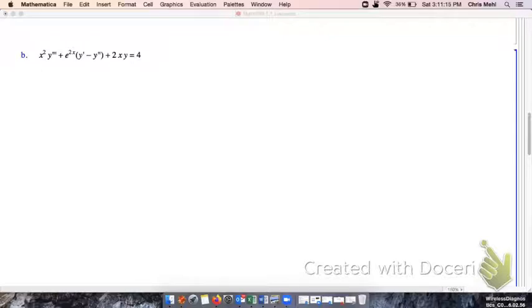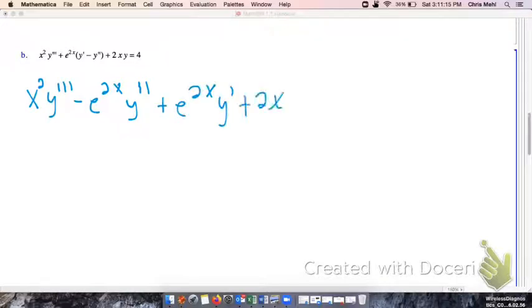It's order 3 because y triple prime is the highest derivative that appears, but you could write this as x squared y triple prime, minus e to the 2x y double prime, plus e to the 2x y prime, plus 2xy equals 4.